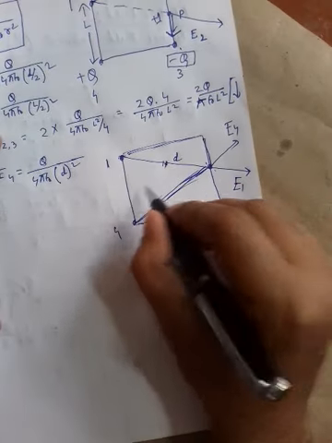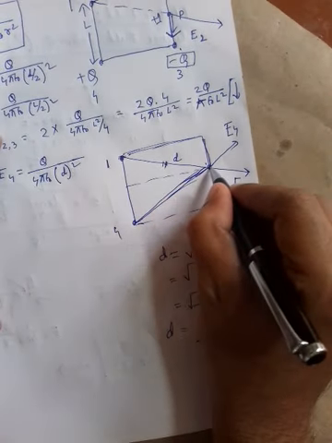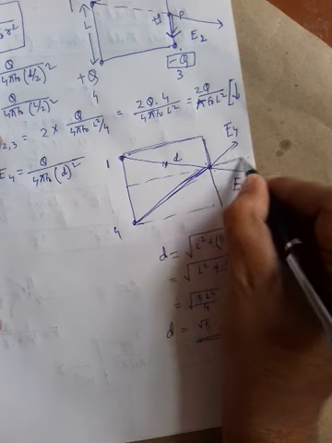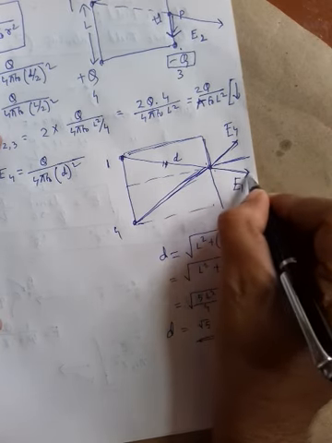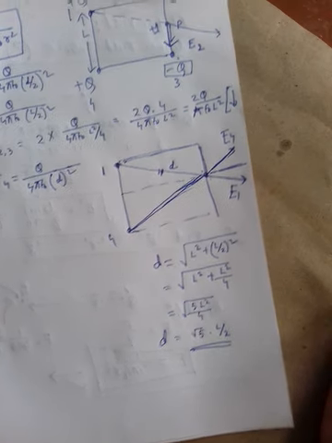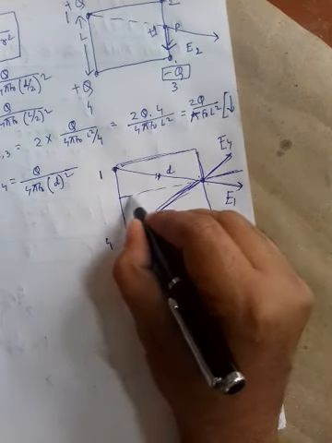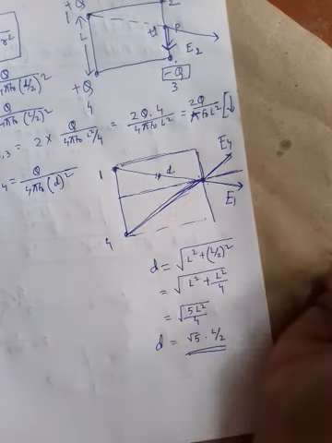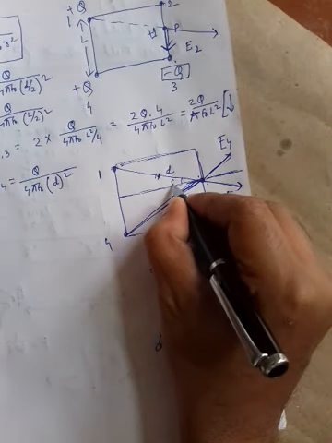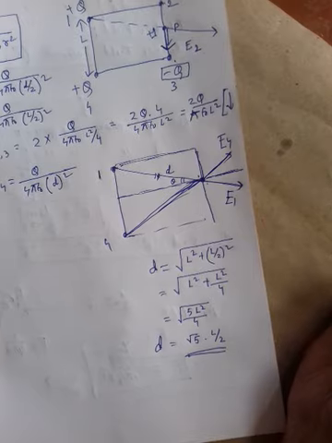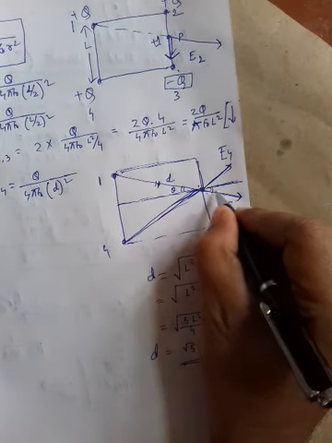Now look at this. If you consider this E1 and E4, they are acting in different directions like this. So directly their addition is not allowed. I hope there is no difficulty in that. So what you should do is, say this angle I am considering theta. Then this side angle is also theta.